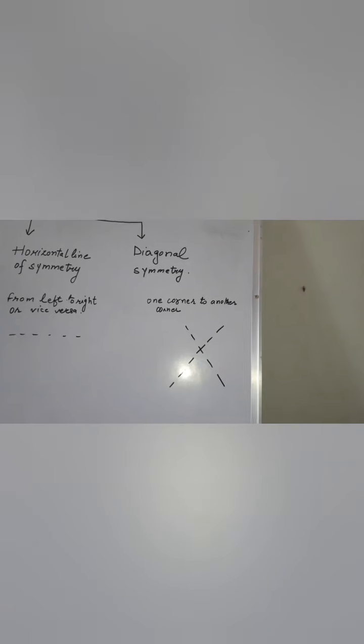Yes, as you can see, I have divided it vertically also. I have cut it like this also and like this, and I can also cut it like this and like this. So from this you came to know that if you have any sphere or circle shape, then you can make infinite lines of symmetry from it.